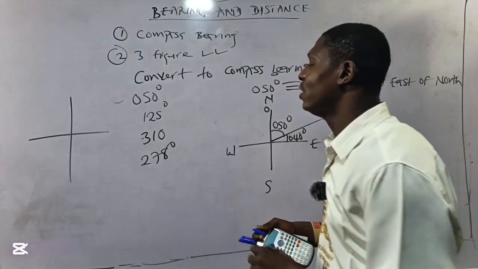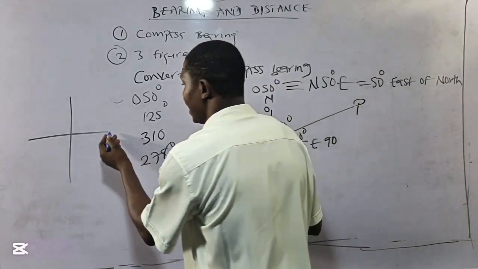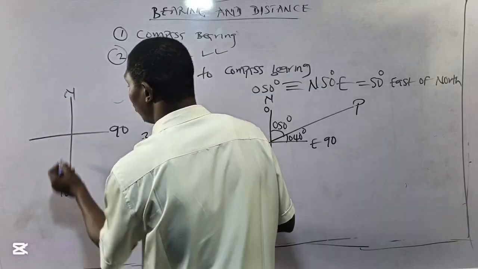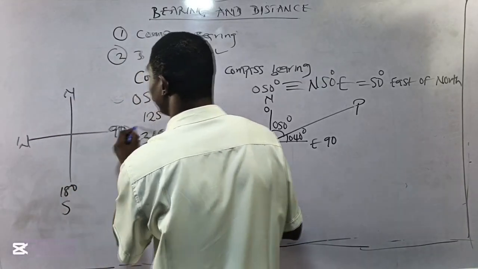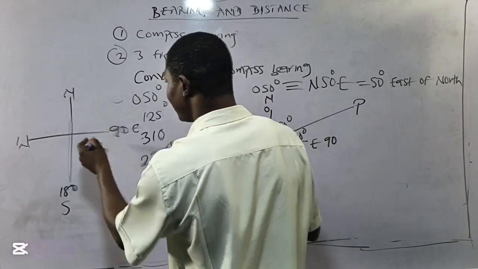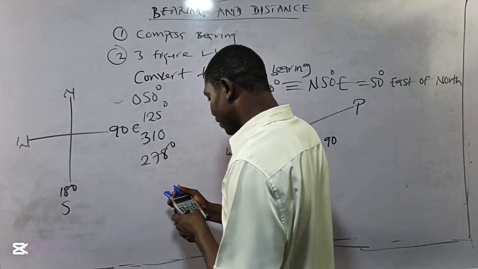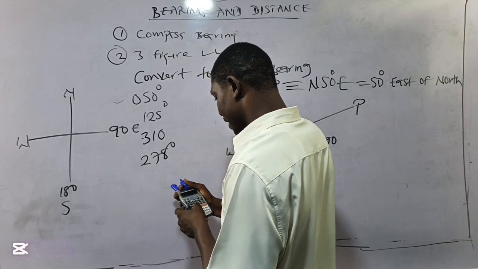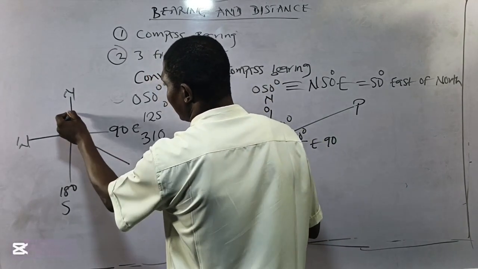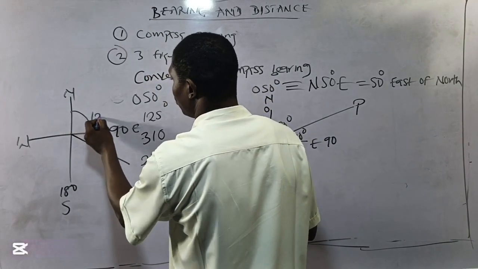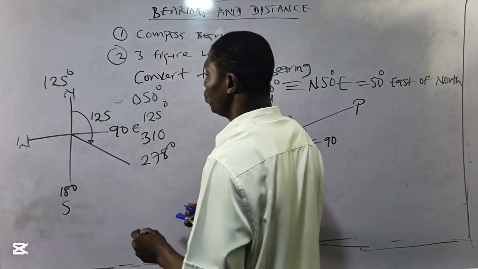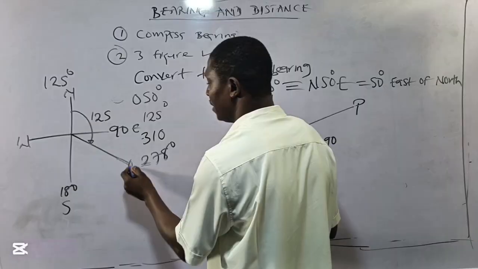And our second question is 125 degree. You can see that 125 is greater than 90, then less than 180. And this is my north, south, west, east. So if I check, first, I will say 125 minus 90, and I'll have 35 degree. So here to here is 125 degree. 125 degree is my point P now.